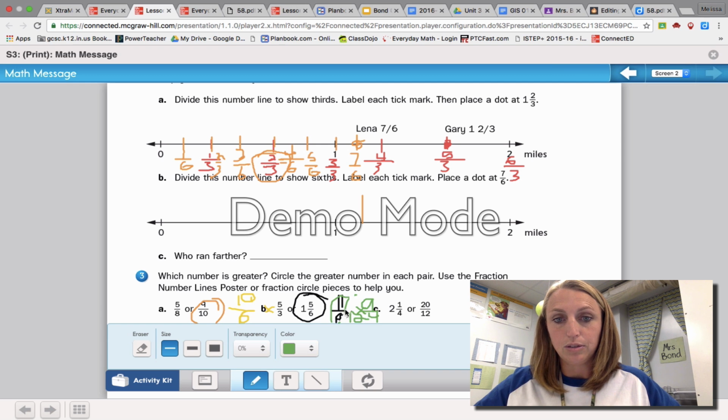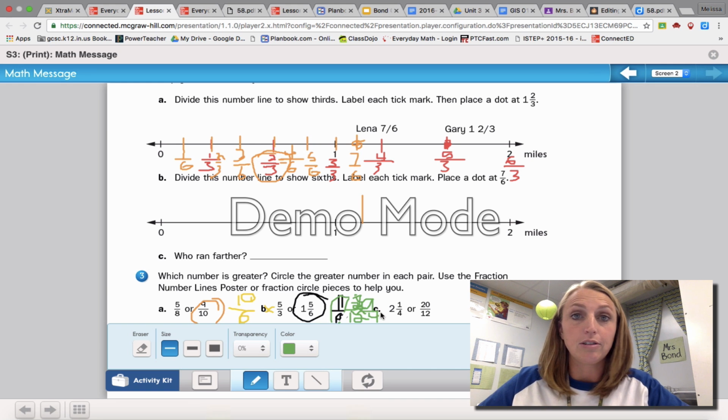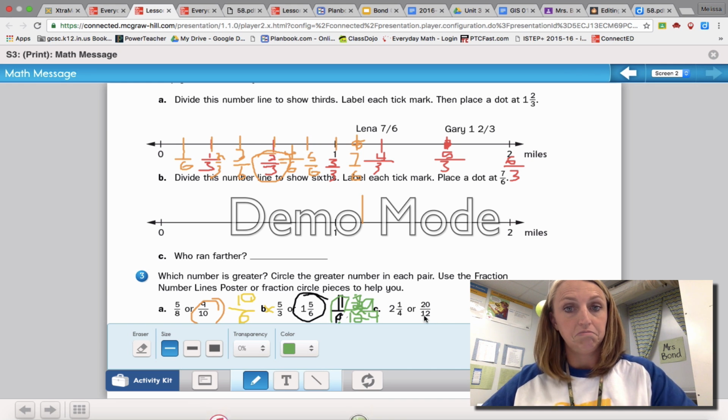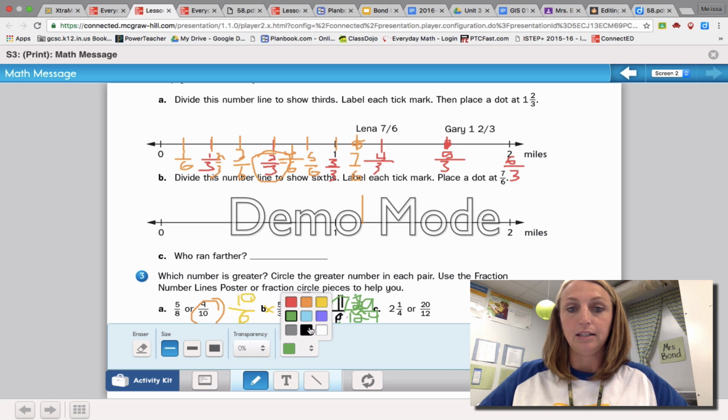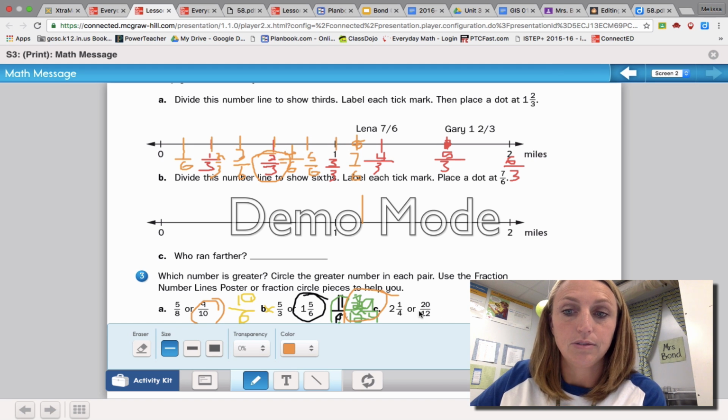And 9 times 3 is 27. So now I have 27/12 is greater than, sorry, I hope you can read that. 27/12 is greater than or less than 20/12. Once again, pretty easy comparison. We learned how to do that in kindergarten. And we know 27 is bigger than 20. So 27/12 is greater than 20/12.